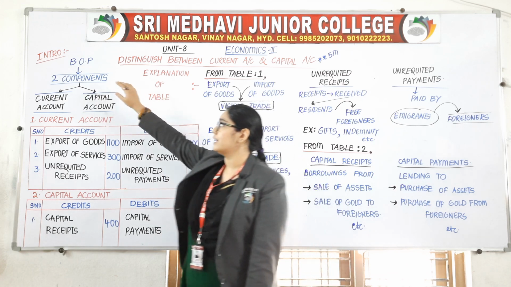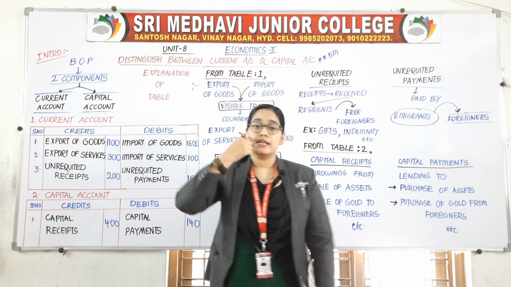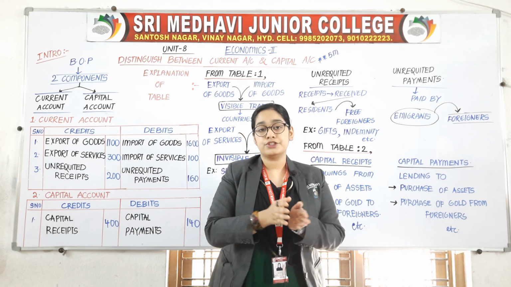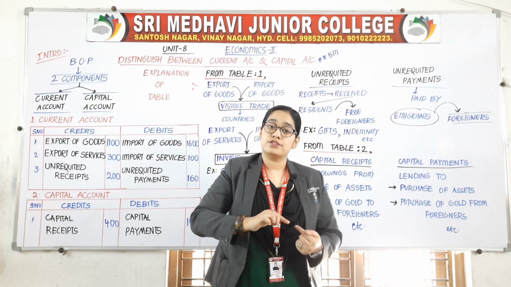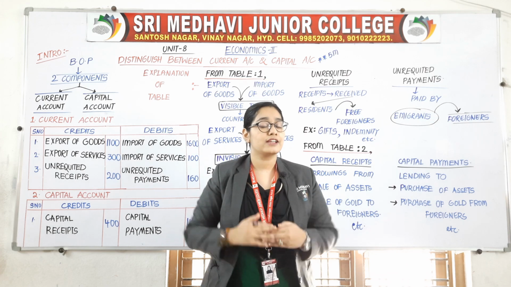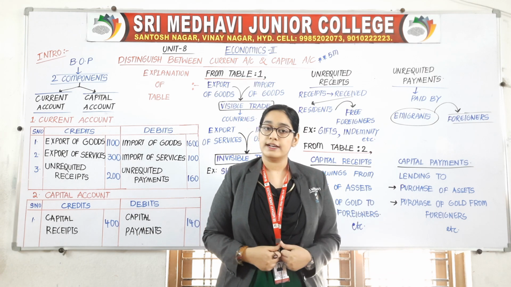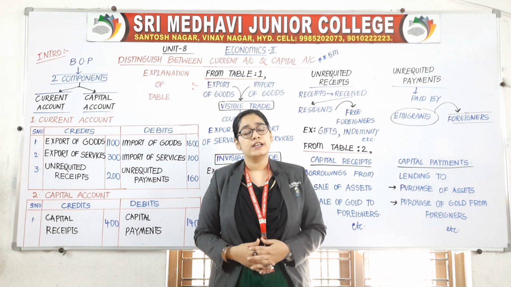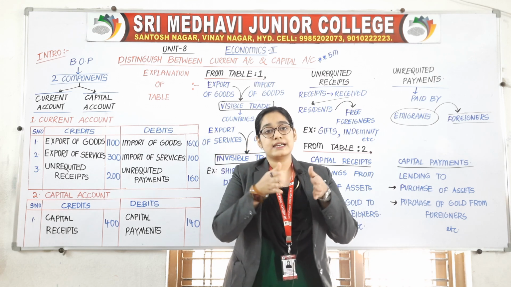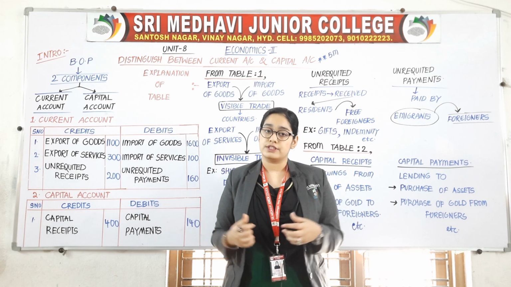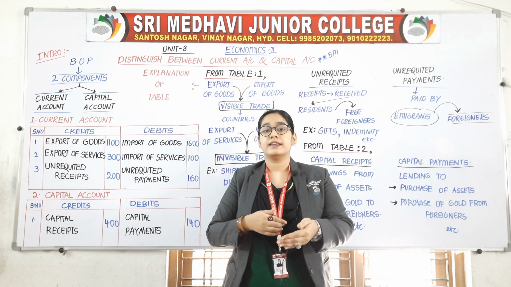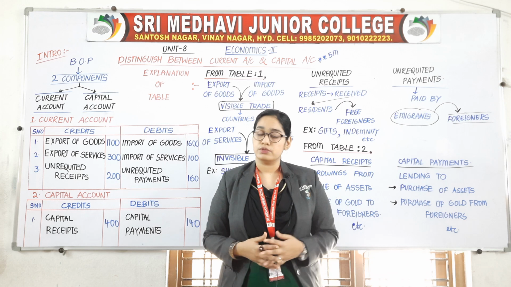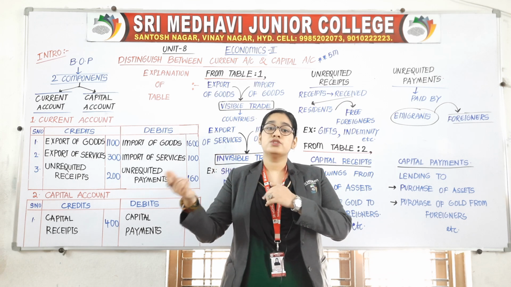In the same way, the balance of payment is a form of balance sheet which consists of all the transactions with rest of the world. The transactions, for example, whenever there is a trade between two countries. Trade means buying and selling of goods and services between two countries.